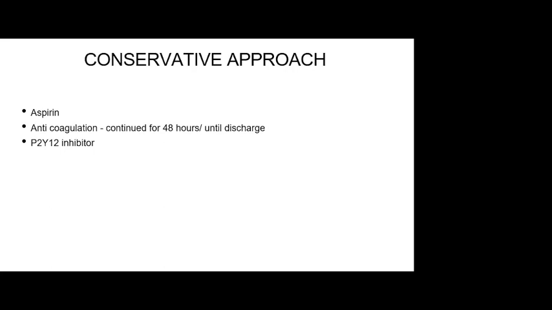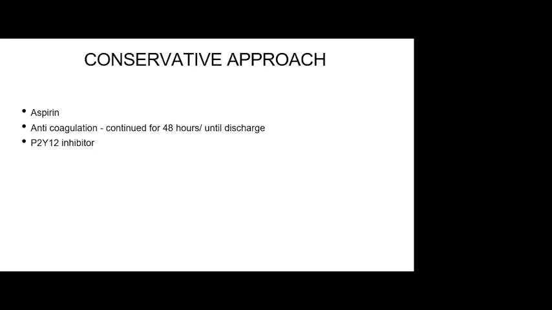But if the bleeding risk is high, there are recent trials showing you can stop early, continuing single antiplatelet. Until now, aspirin was the cornerstone of antiplatelet management, but now aspirin is gradually going away. Now they say if you want to stop antiplatelet, better to stop aspirin early and then continue P2Y12 inhibitors.